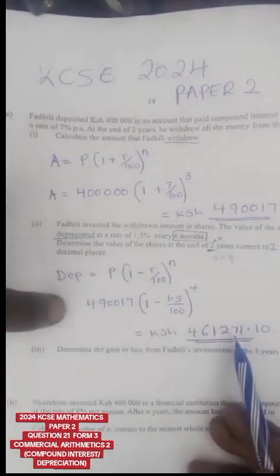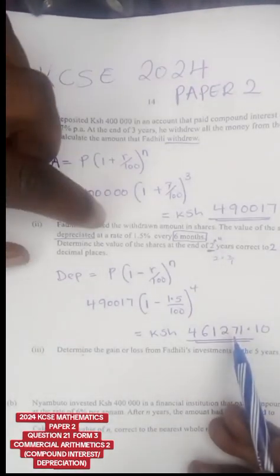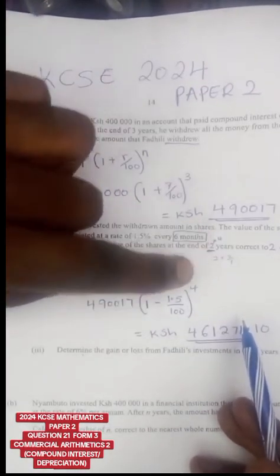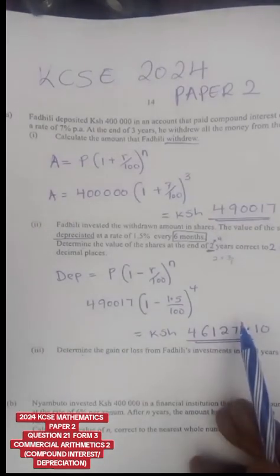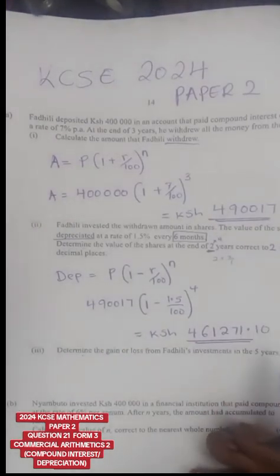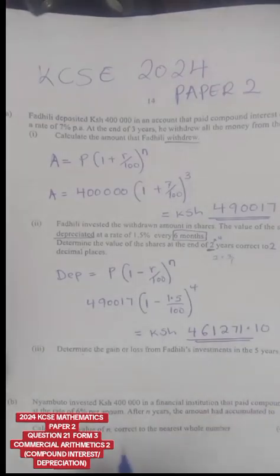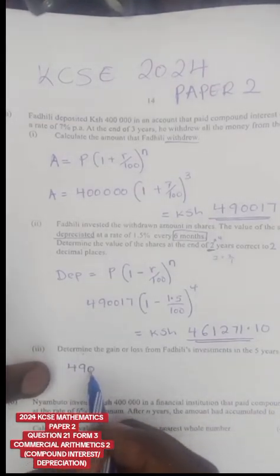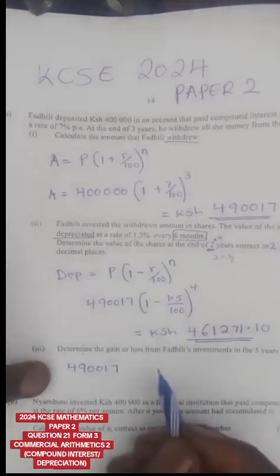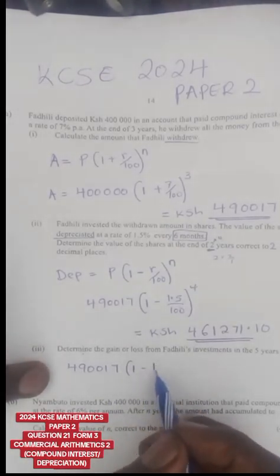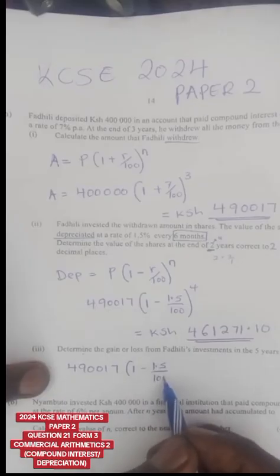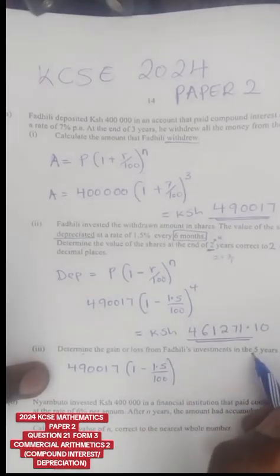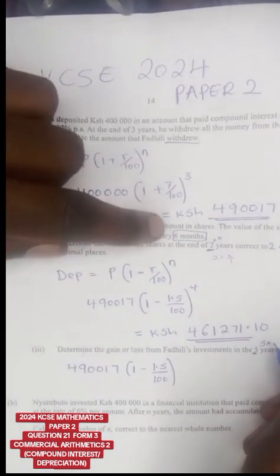So after 5 years, what will be the amount? The amount will be 490,017, that's the amount invested, times 1 minus 1.5 over 100 to the power. If it is 5 years, we take 5 times 2, since it was compounded every 6 months. So the number of periods will be 10.